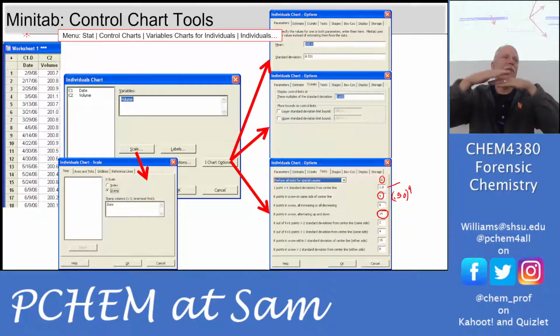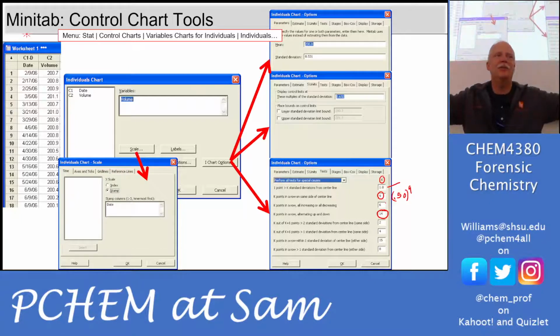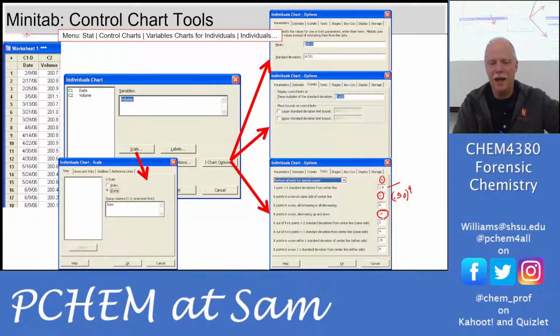I'd say, okay, even though my morning and afternoons may not be 1 or 2 standard deviations away from each other, they're alternating. I have a detectable difference. It may not be significant, but it's detectable between morning and afternoon. So you need to know your process, and think about which test you're going to use to determine if you need to take action or not.